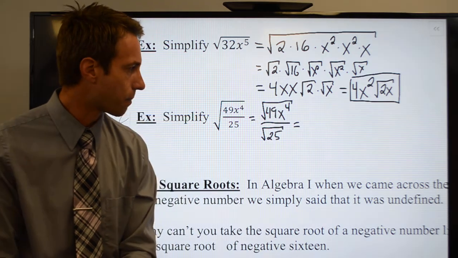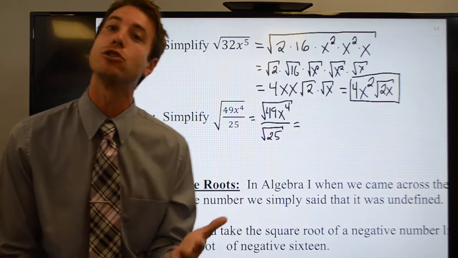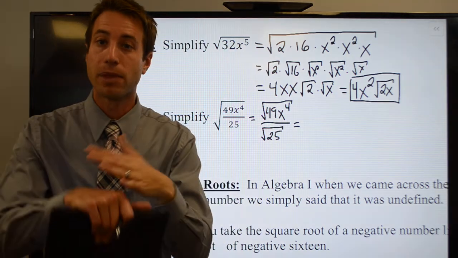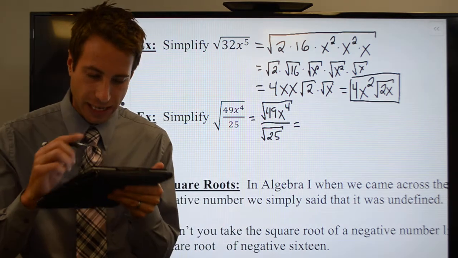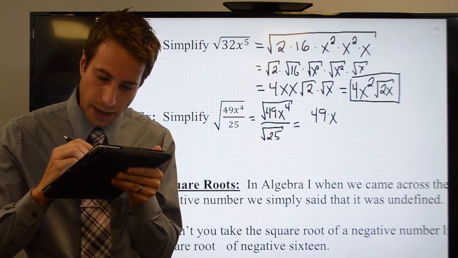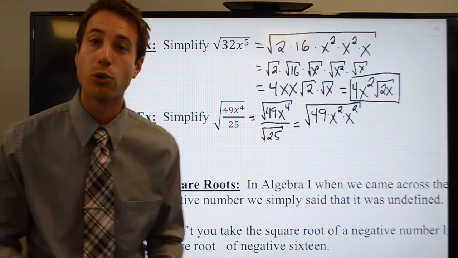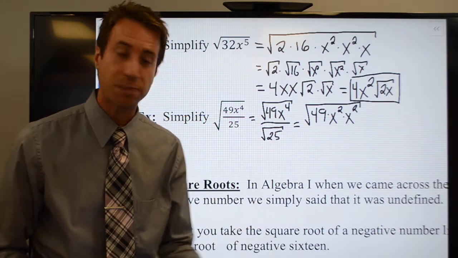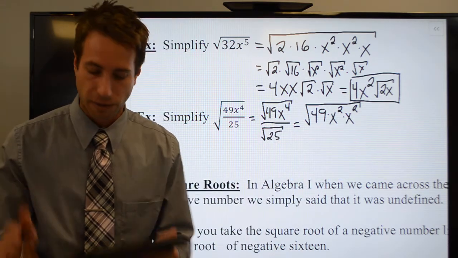So that's awesome. But what do I do about the x to the 4th? Well, actually, what I'm going to do with it is the exact same thing I did with the x to the 5th at the top. I'm going to split it up. You can split it up into an x squared times an x squared. 49 times x squared times x squared, of which I'm taking the square root of all that. And again, remember, when you have like bases, you add the exponents. 2 plus 2 would get me back to my x to the 4th.